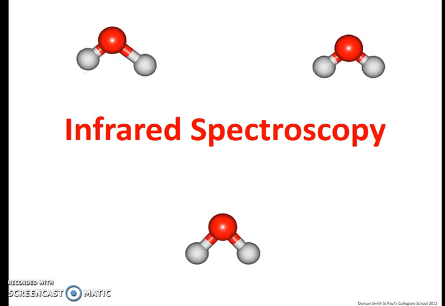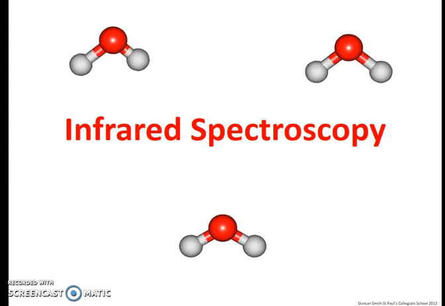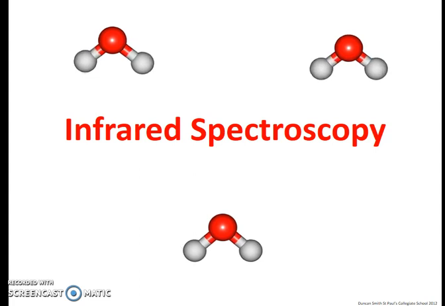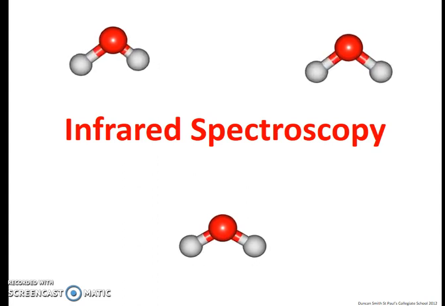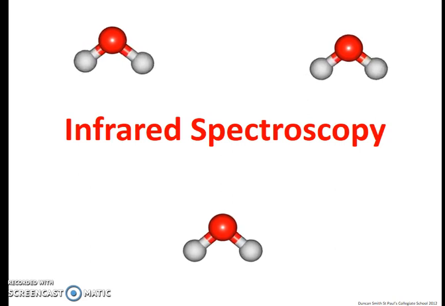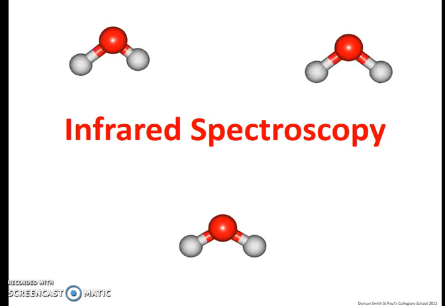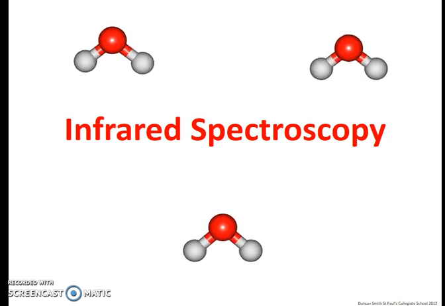What that means is when you hit a molecule with infrared radiation, if it's at the right frequency, then that energy will be absorbed by the rotating bond, or flexing or bending or stretching. If it's not at the right frequency, then that energy will be transmitted and will go straight through to the detector. So you basically have a source on one side, a detector on the other, your molecule in the middle, you pass the light through, and away it goes.